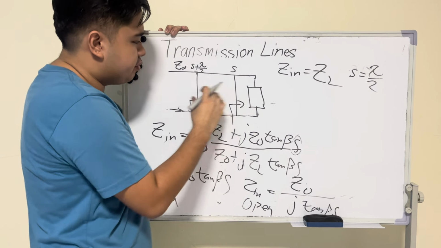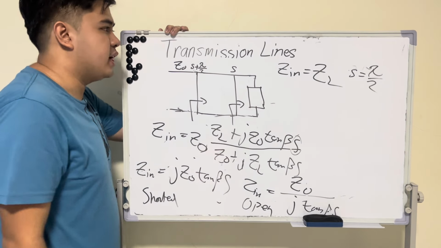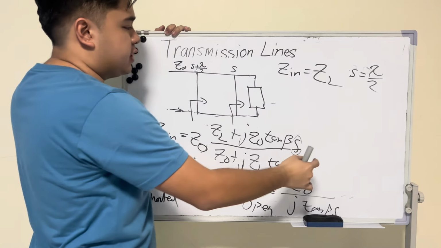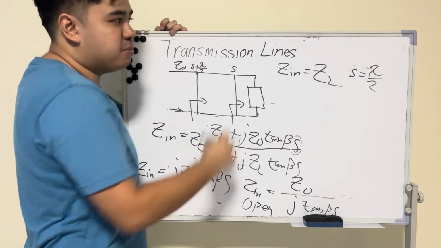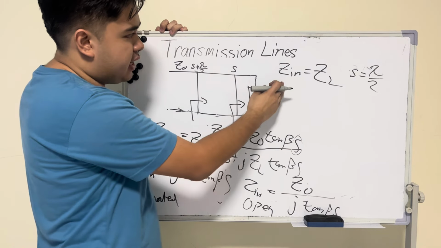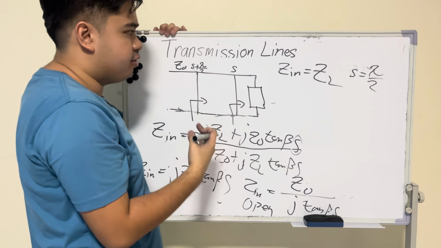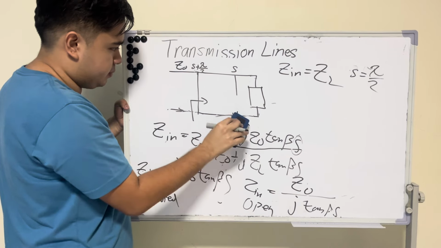The input impedances would be looking the same because they are lambda over 2 away, right? And S equals lambda over 2 is a special case because what is lambda over 2 away? That is going to be the load. So the impedance looking at lambda over 2 away would be the same as if you were looking at the load itself. So that's what that means.